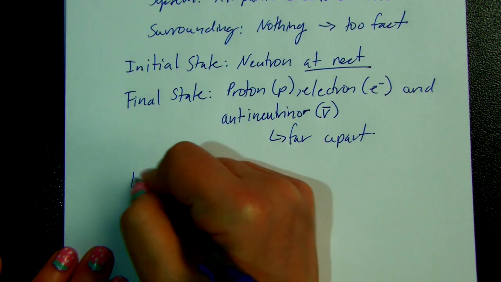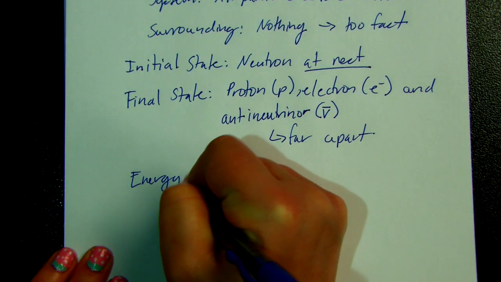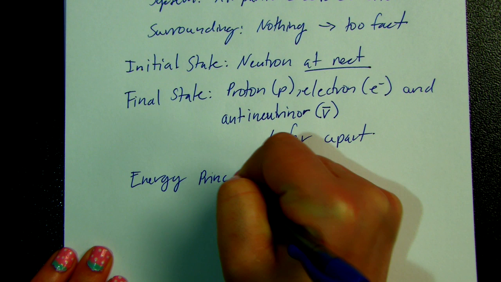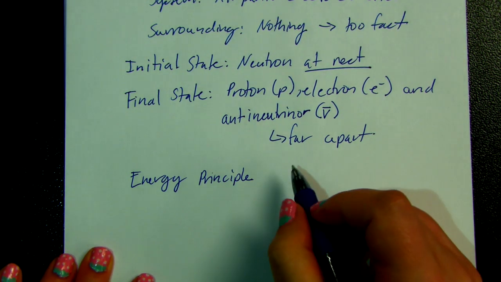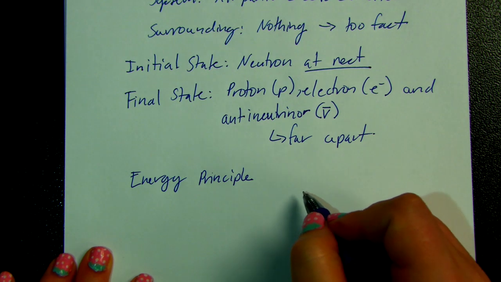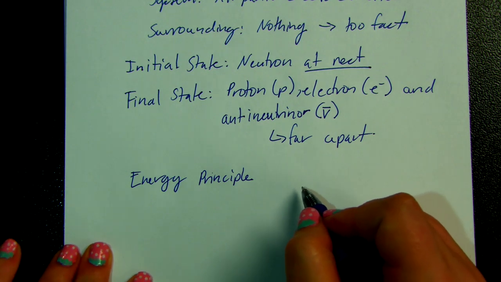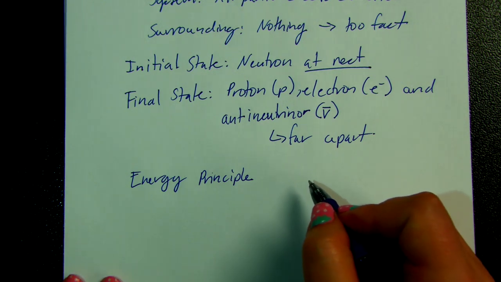Okay, so we're going to be using the energy principle for this. We have their masses, or we can look up their masses. For the neutrino, basically we're going to use the energy principle to learn about the neutrino.